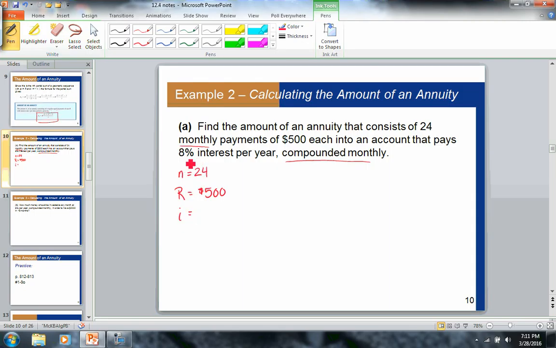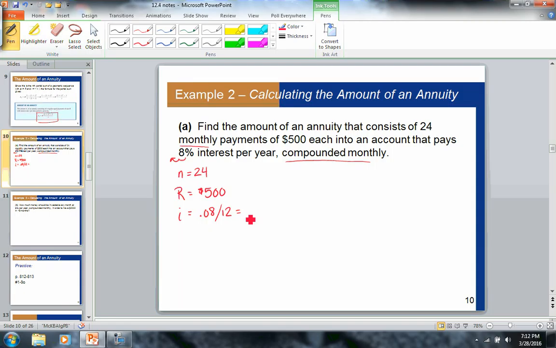And remember, we want to change those percents to decimals, so we scoot it over 2 places. So it's really 0.08. But then we're going to divide it by 12 because it's monthly payments. So 8% is the interest per year, but if he's doing these payments every month, we have to take that 8 and divide it by 12.